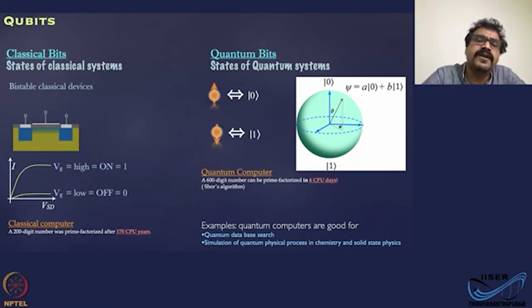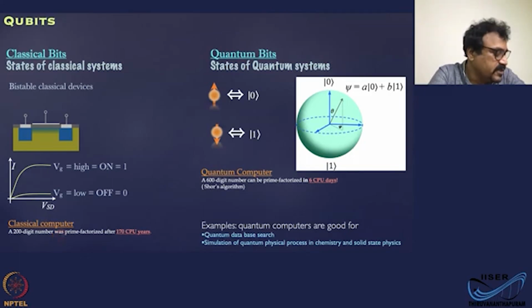And of course, every other aspect of this computation also will change. You will have new algorithms, those are quantum algorithms. These few statements here are just to give you a feeling of how powerful this new idea is, or just to give a comparison between a classical computer and a quantum computer.